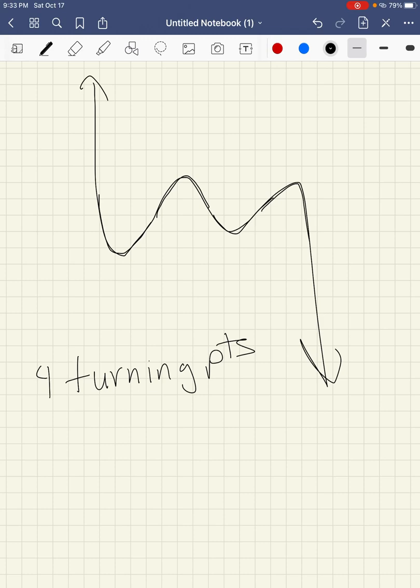So now let's look at the end behavior. If x is a really, really big number going this direction, y is a really, really big negative number. Okay, so if x is positive and it's x to the 7th, then the big number would be positive, right?